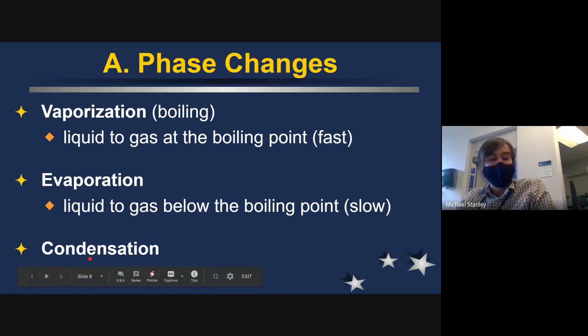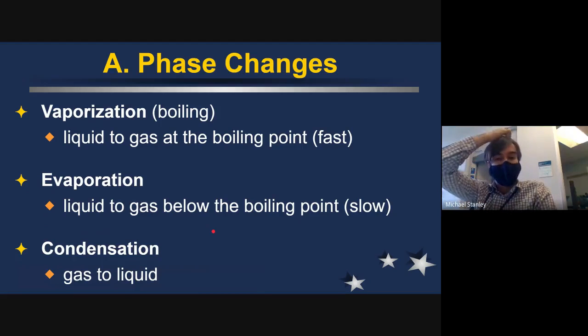We can also condense our gas to turn it back into a liquid, and then we can freeze that liquid in order to turn it into a solid. These are things that you've probably seen and experienced at some point over the course of your life, maybe without realizing it, but that is what was happening.